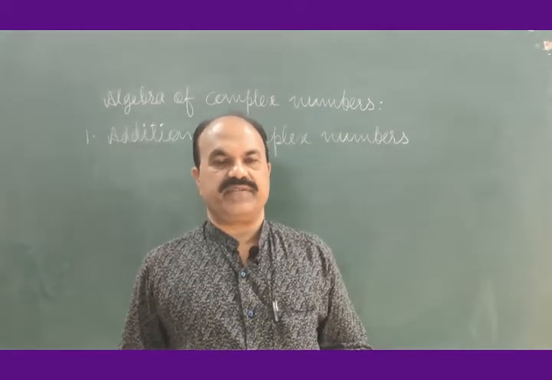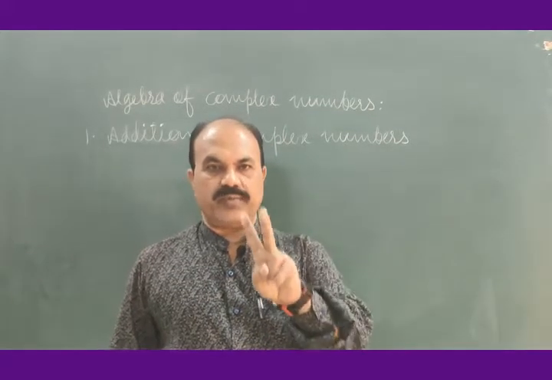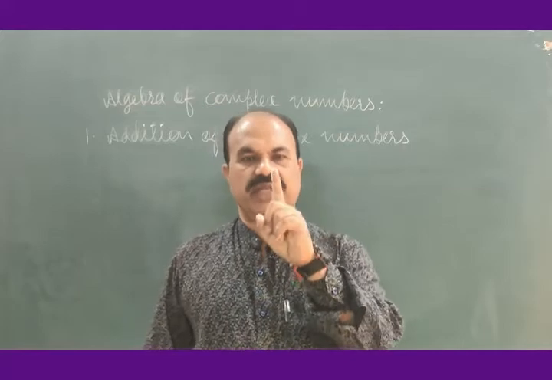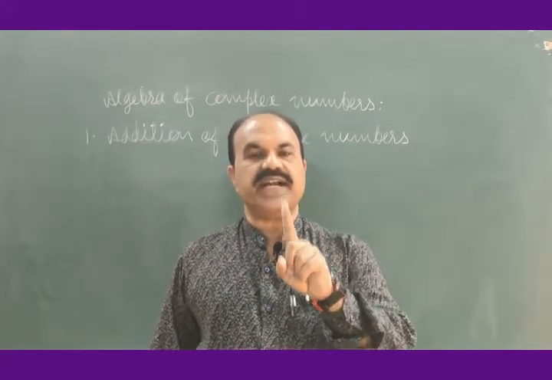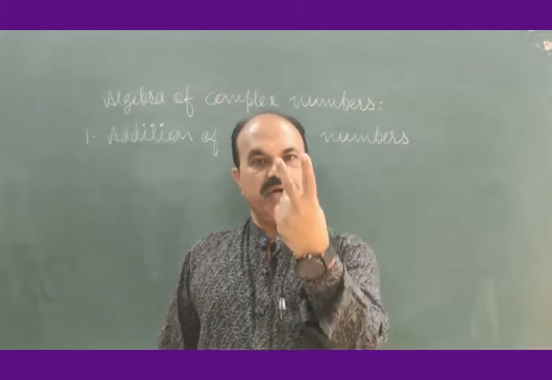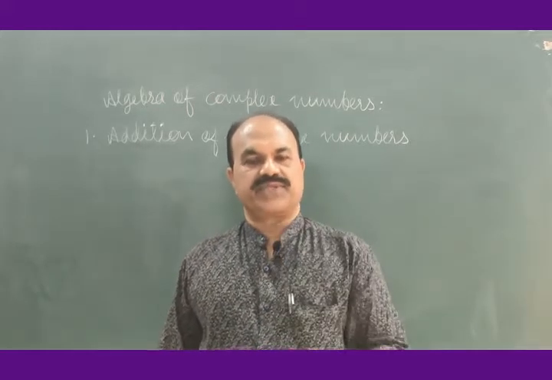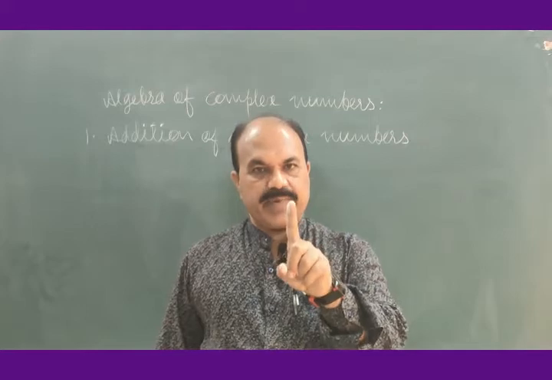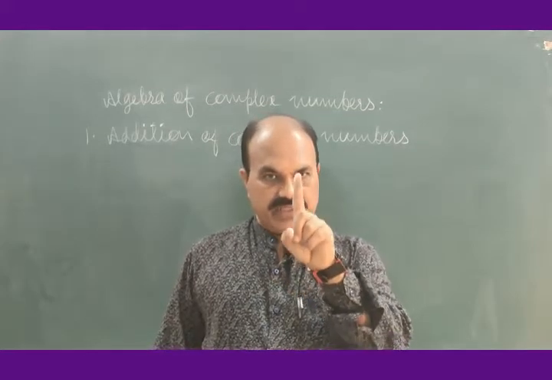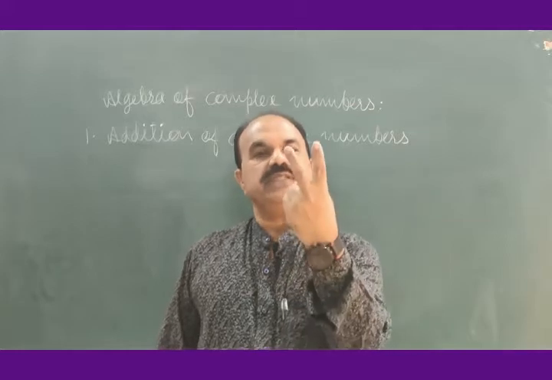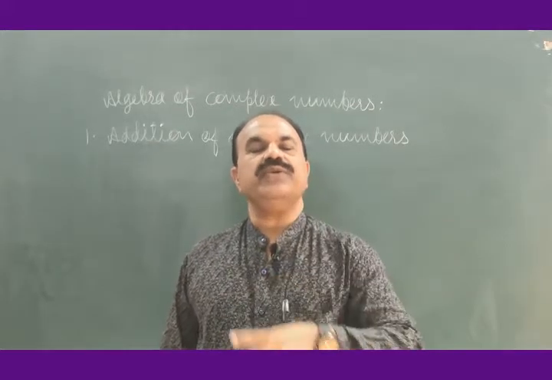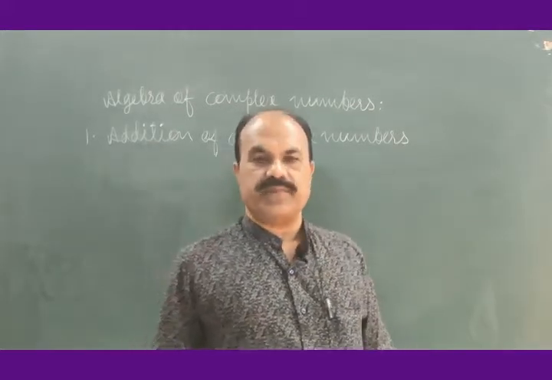Let me repeat it. Addition of two complex numbers is a complex number. Real part of this complex number is addition of real parts of the two complex numbers. Imaginary part of the complex number is equal to addition of imaginary parts of the two given complex numbers.